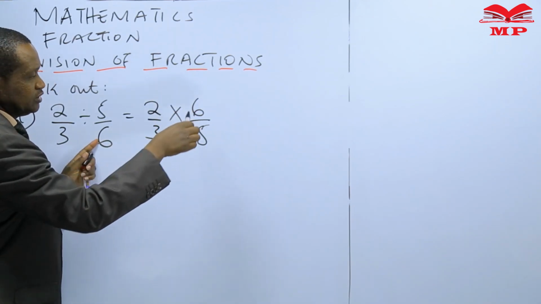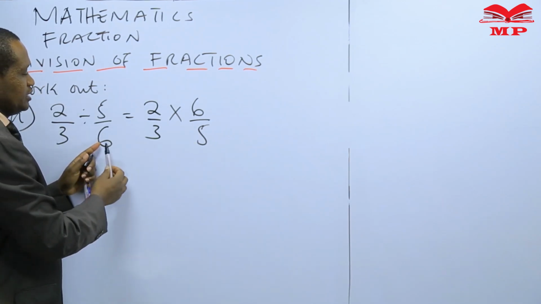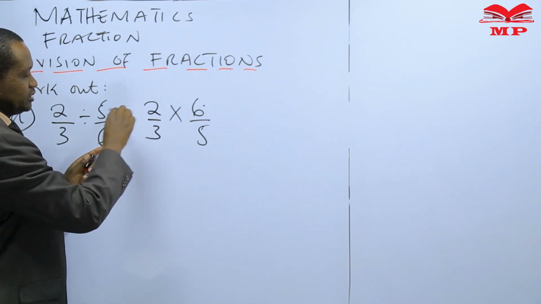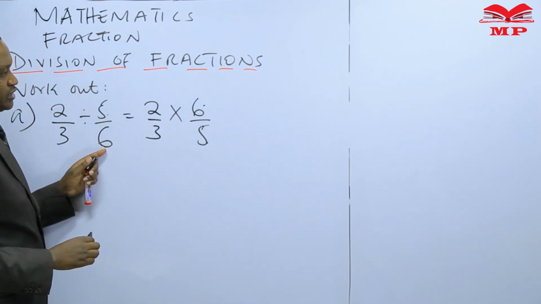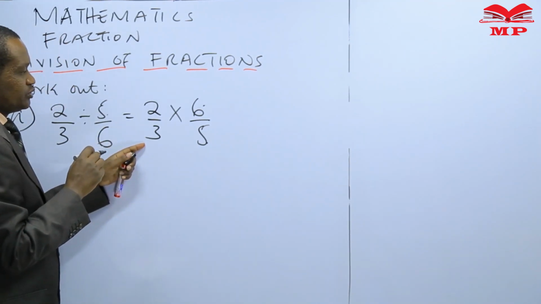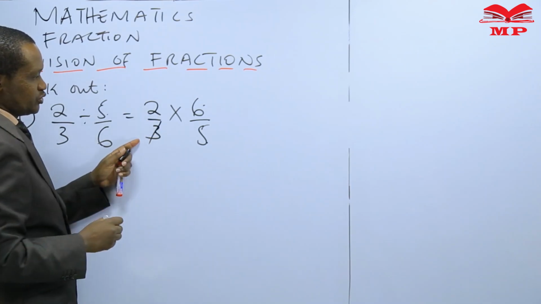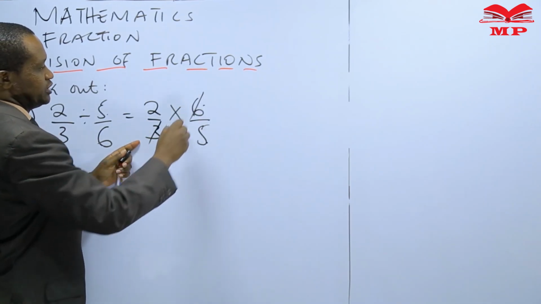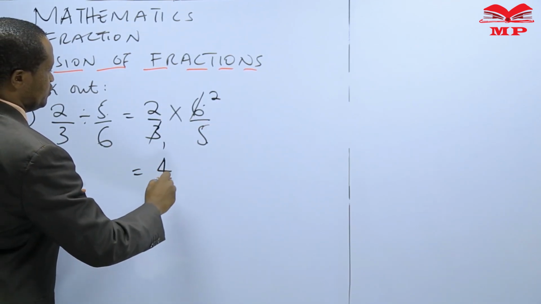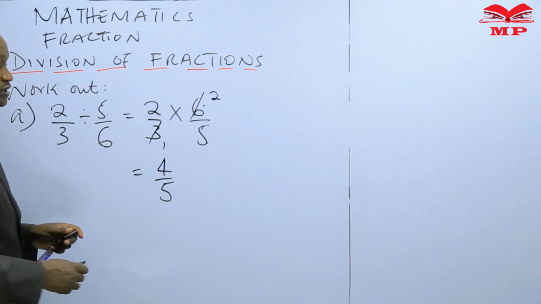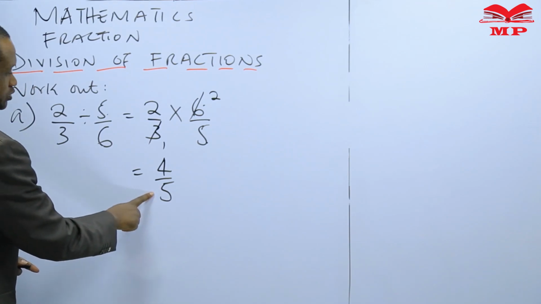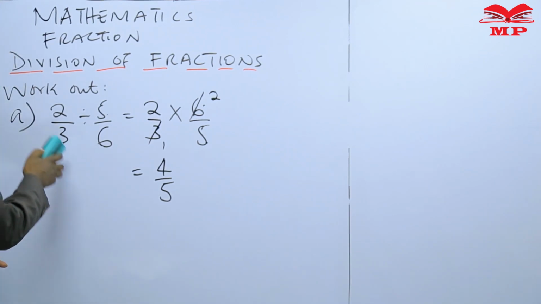We simply overturn it so that the denominator becomes the numerator and the numerator becomes the denominator. Then we simplify by cancellation. 3 goes here once, 3 goes here 2 times, which is equal to 4 over 5. That is the answer. 2 over 3 divided by 5 over 6 is equal to 4 over 5.